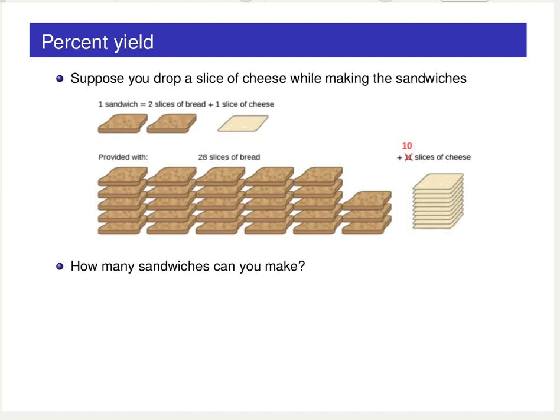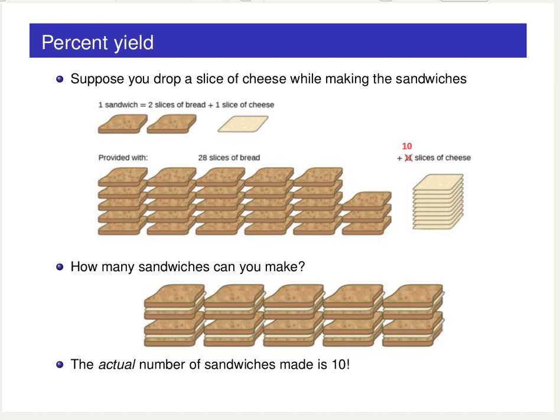As a result, how many sandwiches you make is now based on that new number, 10. So the actual number of sandwiches that get made here is only 10, not the 11 that we theoretically predicted on the previous slide.